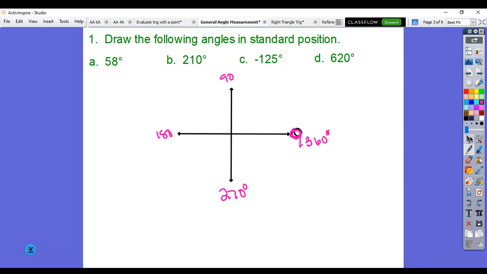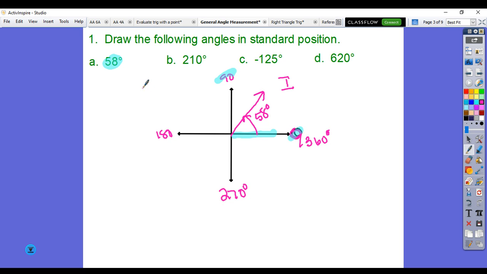So what I want you to ask yourself, if this is always the initial, here is 0. 58 is in between what two numbers? 0 and 90. So I'm just going to put this angle, 58, between 0 and 90.